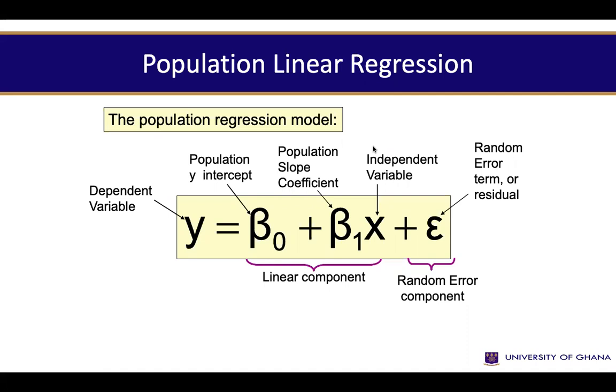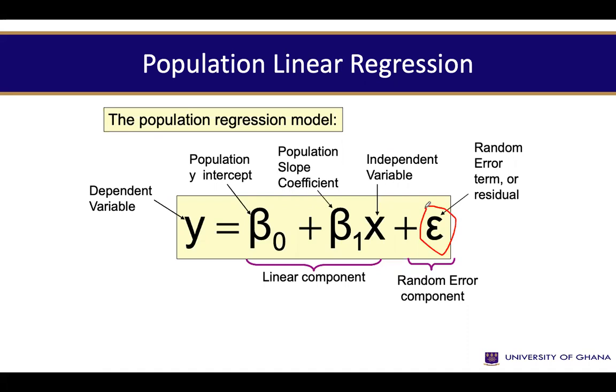Think of a linear regression model as a simple equation of a straight line with a slope and an intercept. Just that now we've added what we call an error term. So what are we saying concerning this?